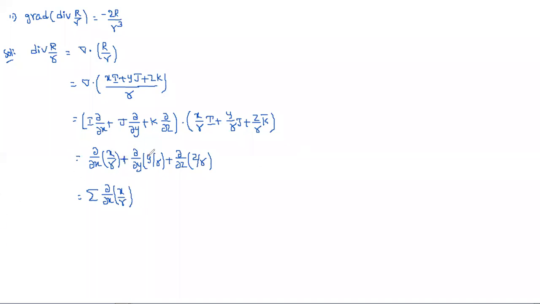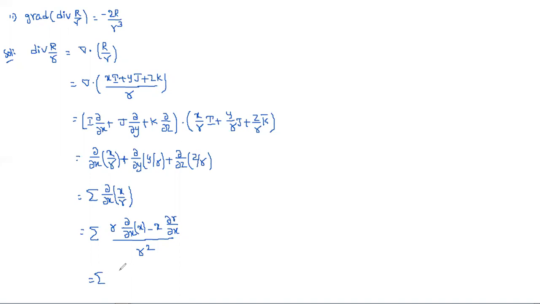So ∂/∂x of this, and calculating this and this. Again, this is in the form of u by v, so apply the u by v formula. Here it is v into u dash, which is ∂/∂x of x, minus x into ∂r/∂x, by v square, which is r square. So this is equal to the summation.